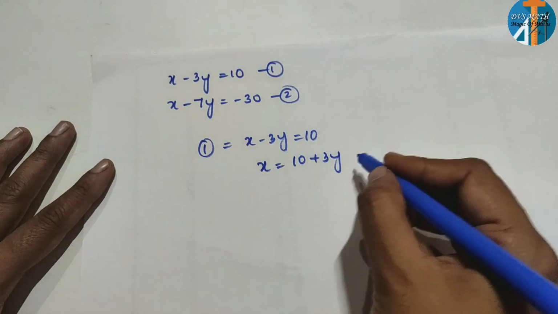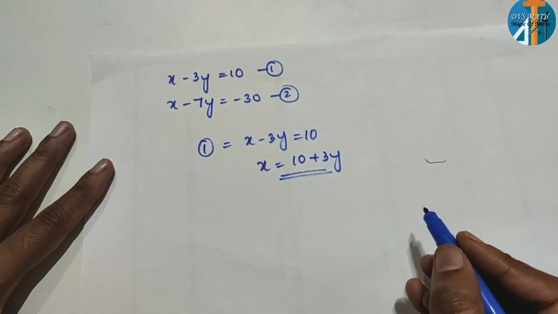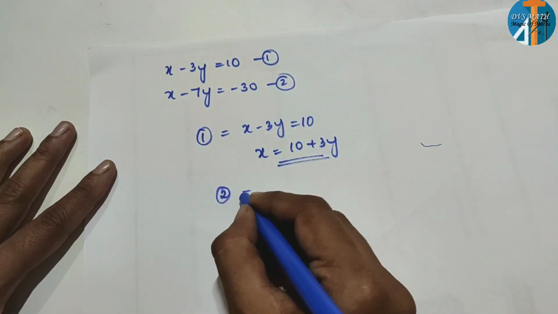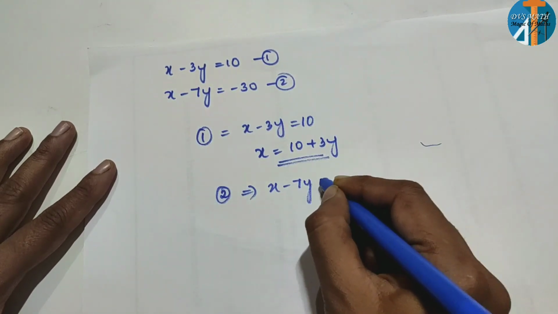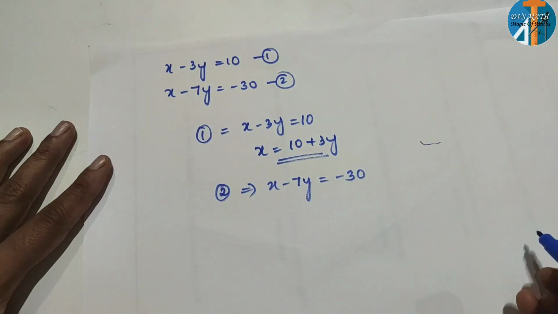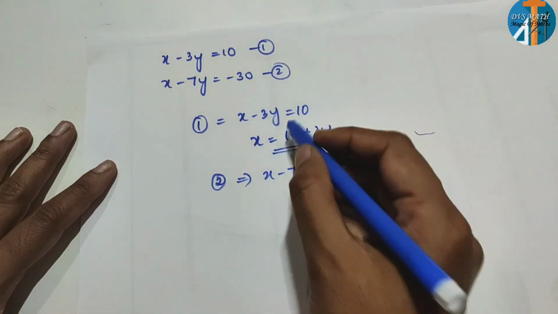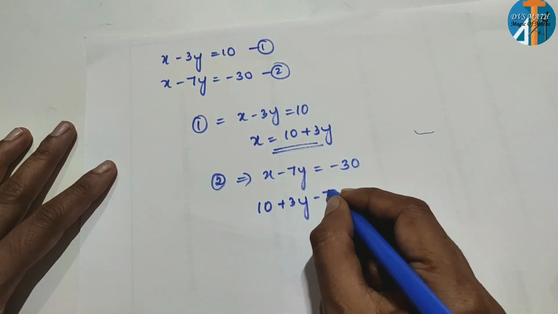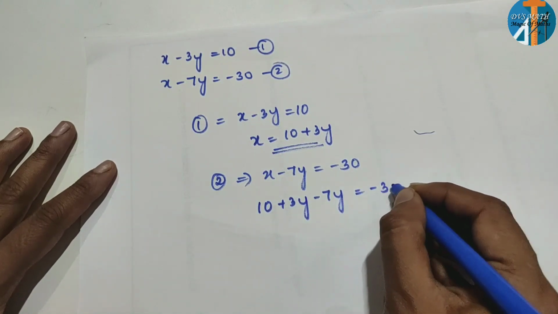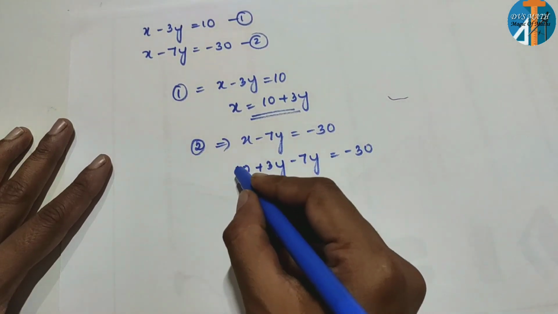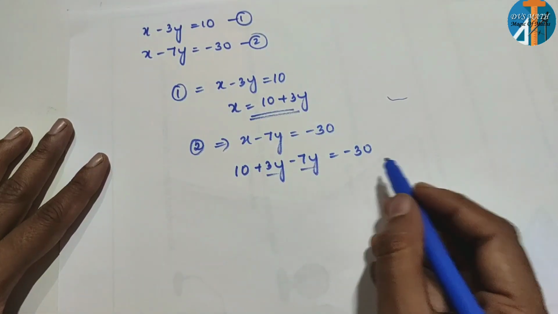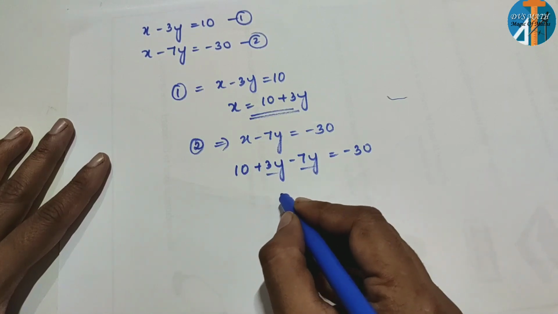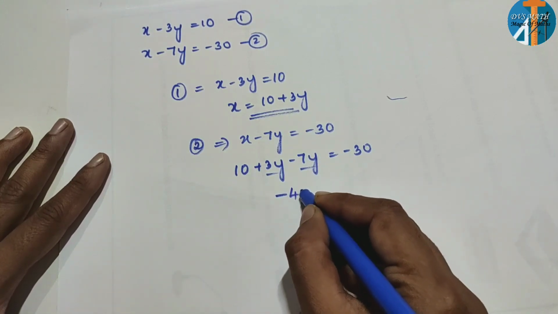Now we have x in terms of y. Consider the second equation, x minus 7y is equal to minus 30. In place of x, substitute this: 10 plus 3y minus 7y is equal to minus 30. Plus 3 minus 7 gives minus 4y.